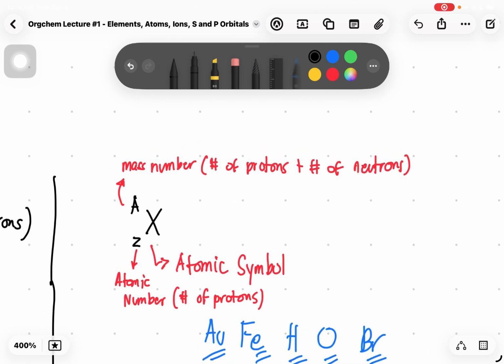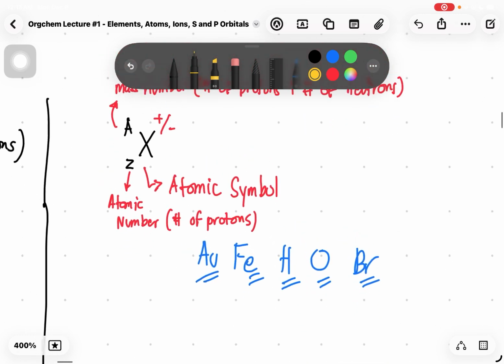But there's also one part that we don't normally include in atoms unless the atom is charged, and that's, I guess, the charge. It can be plus or minus, depending on if it's a cation or an anion.